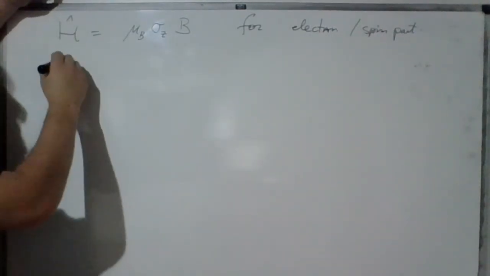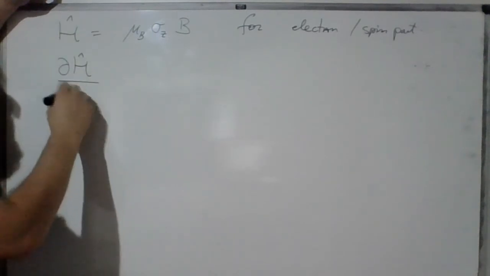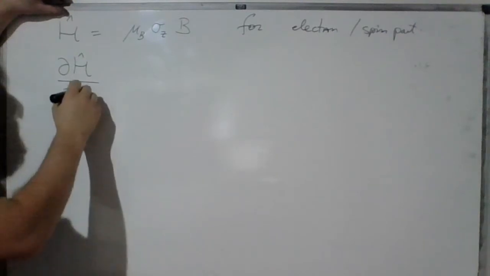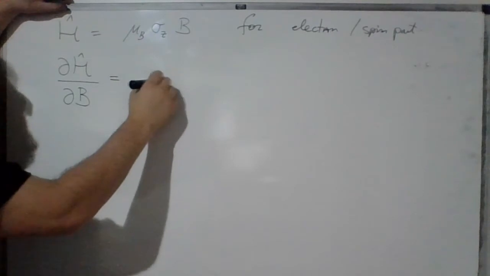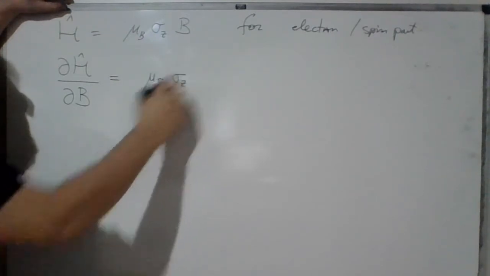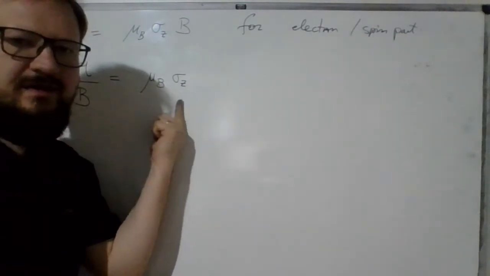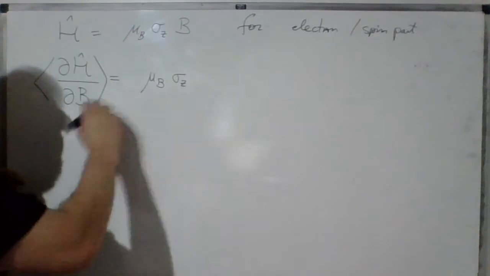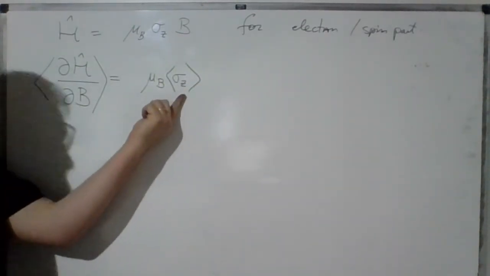Notice that if you calculate the derivative of the Hamiltonian with respect to the B field, you'll find the Bohr magneton times the Pauli matrix. So this is the operator for the magnetization. If you take the average of this, you'll take the average of the spins.